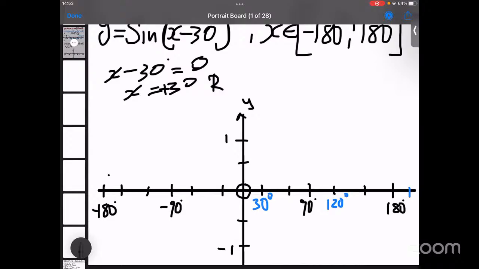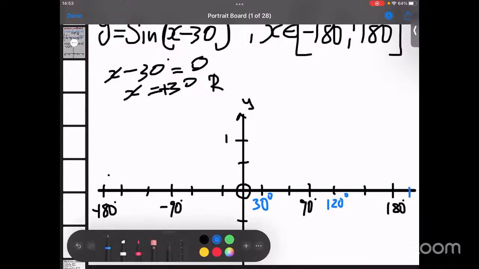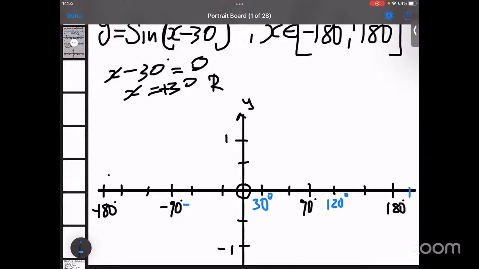Okay, so now let's find the critical points on the other side. Remember, it is 30, and then you jump by 90 units to the other side. So that means if you want to find that, a smart learner would just subtract it by 90 so that you know what is the critical point on the left side.